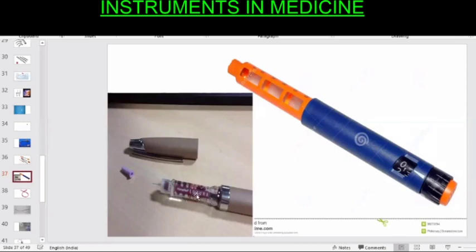The cartridges produced by the respective companies are compatible with the pen. So if you are using a particular company's pen, the same company's cartridge has to be used preferably. And all the insulins nowadays are recombinant technology human insulins. So you can use Actrapid, human insulin R, and human insulin N is also available.